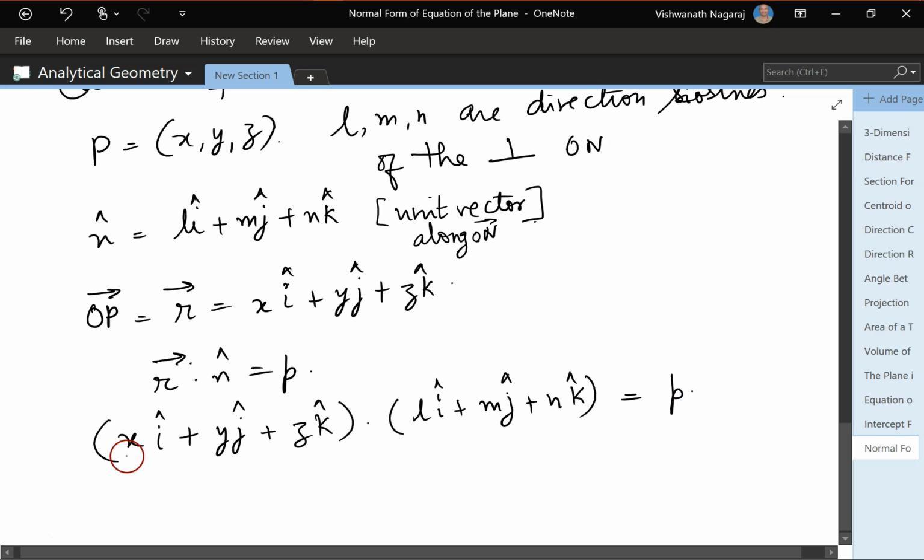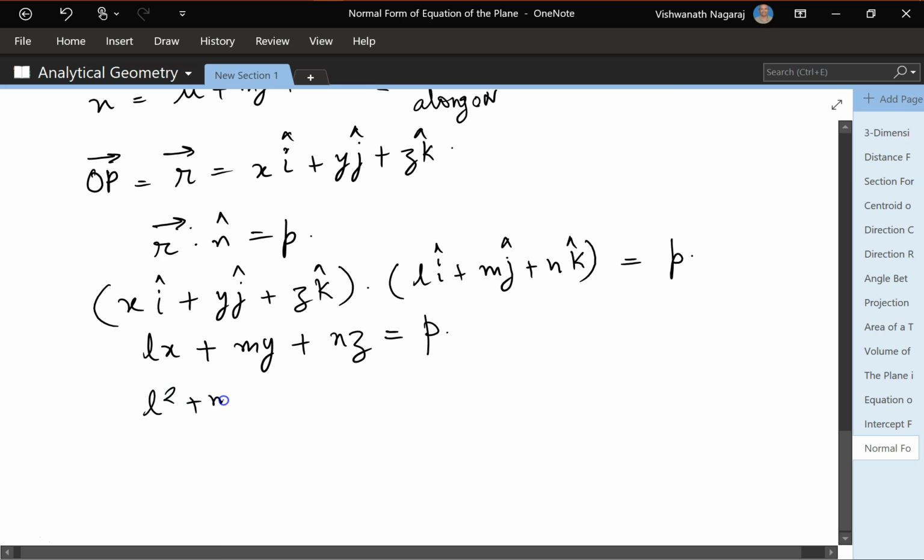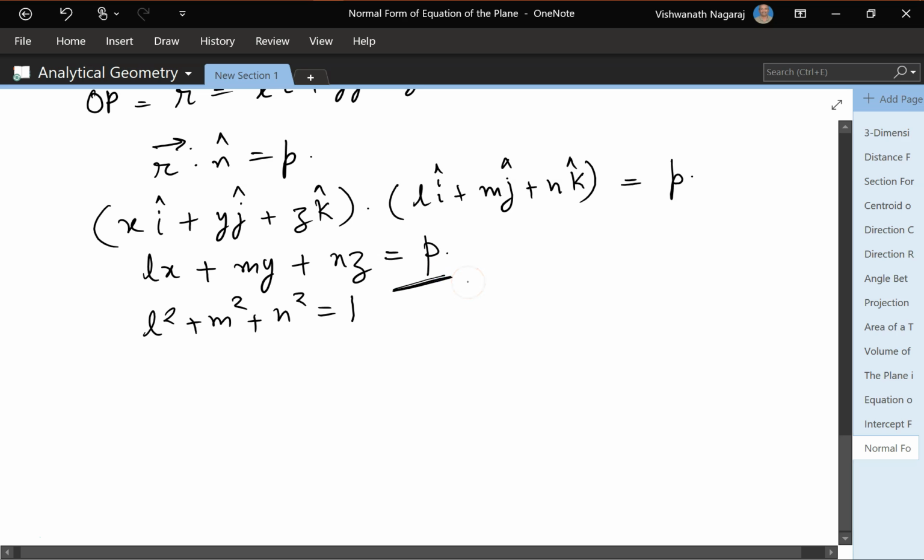Now this is a dot product, so multiply: lx, since i times i is 1, i times j is 0, i times k is 0, so we don't have to bother about those. So lx plus my plus nz is equal to p. Remember, l square plus m square plus n square is 1. So this is the normal form of the equation ax plus by plus cz plus d equal to 0, the equation of the plane.